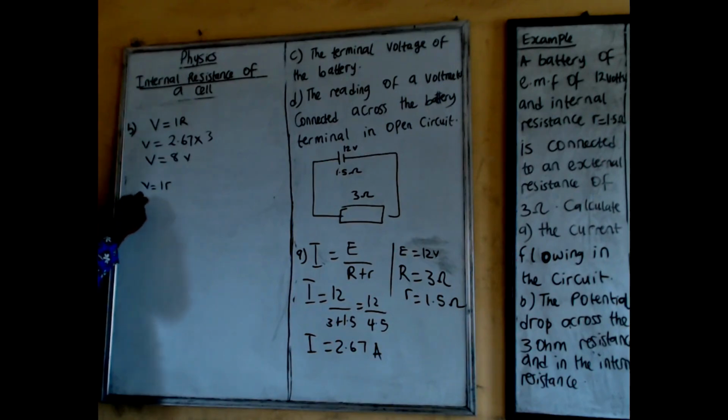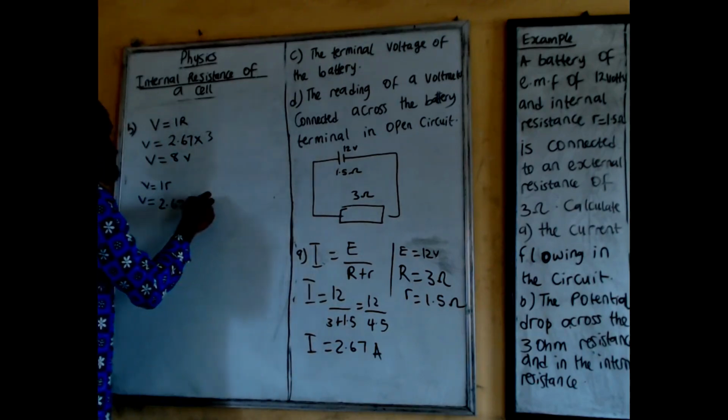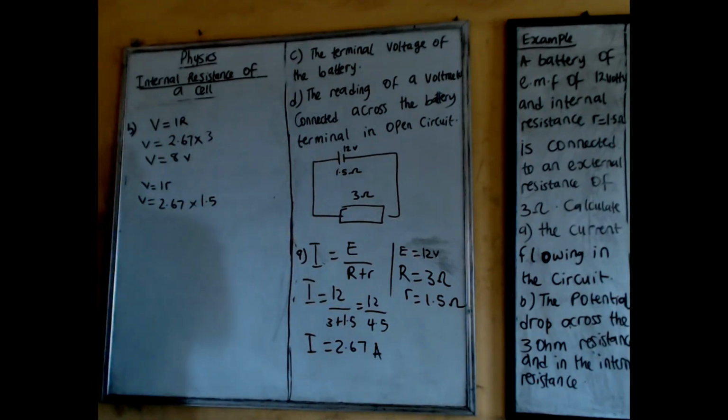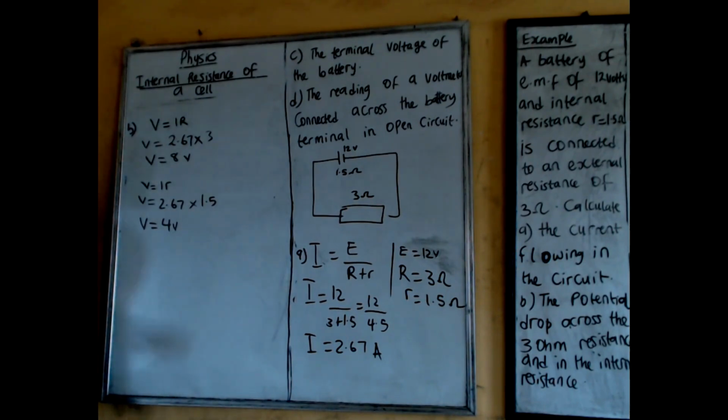So small v equals I, which was approximately 2.67, times r, the internal resistance, which was 1.5. That will give us v equals approximately 4 volts. Good, and that is that.